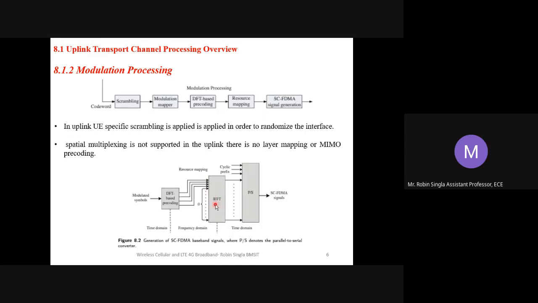And then after IFFT, it is again converted to time domain, and after parallel to serial conversion, our complex valued SC-FDMA baseband signal is ready. So this is your uplink transport channel modulation processing.